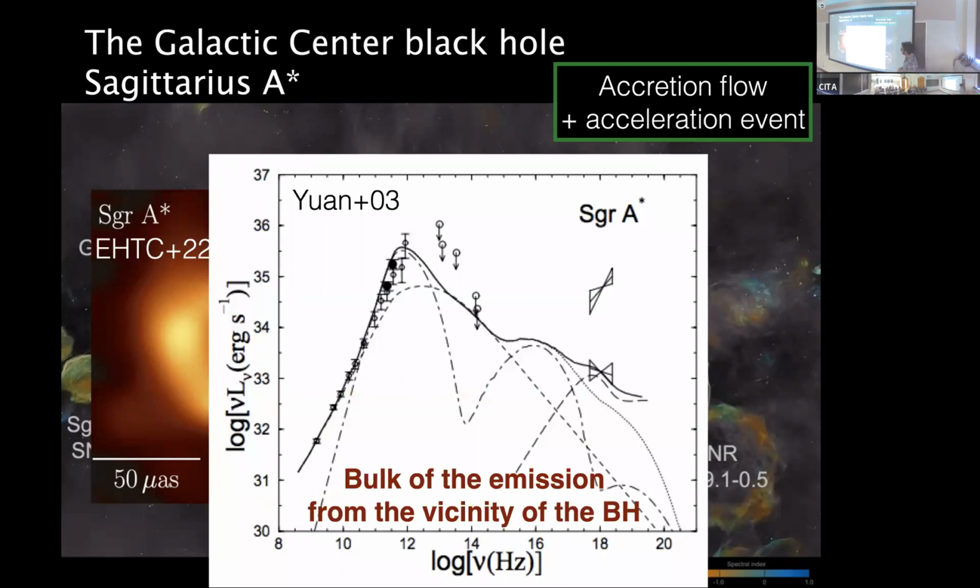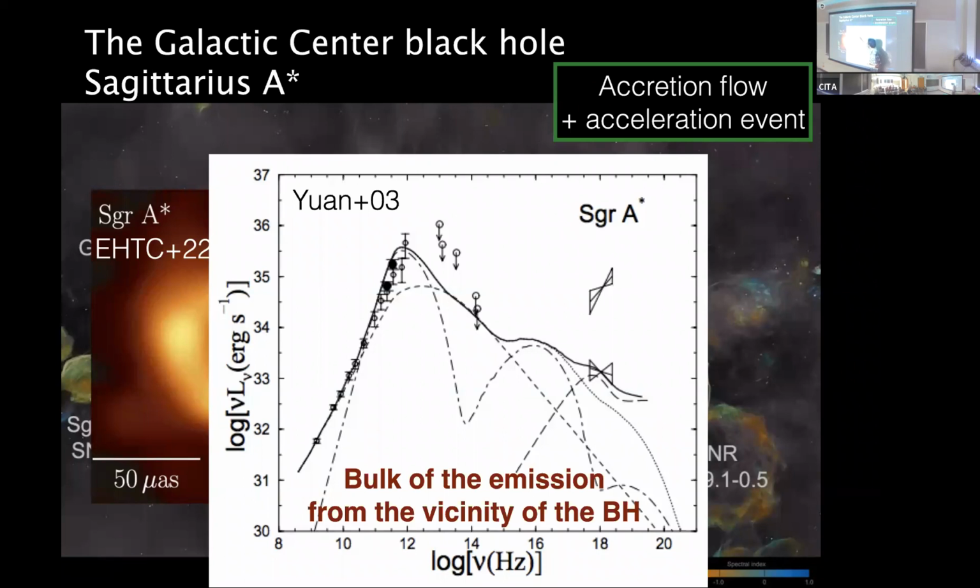Other than that, why Sagittarius A star is so unique for simulations, particularly of black holes, is because of what it looks like spectrally. So this is the multiwavelength spectrum of Sagittarius A star, power versus observing frequency.